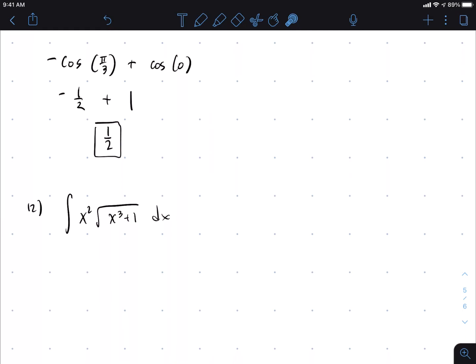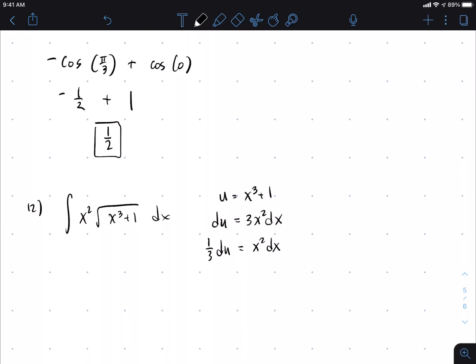Yeah. So I'm going to make my u be x cubed plus 1 so that when I take its derivative, I'm going to get 3x squared dx. I'm going to get rid of the 3 because there's no 3 on that side. So 1/3 du is equal to x squared dx.